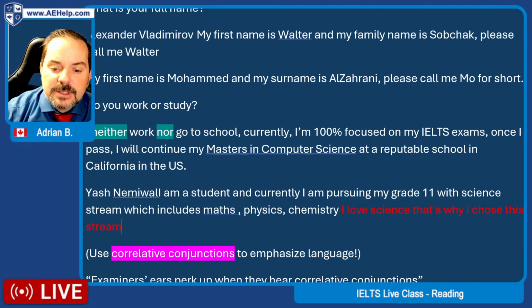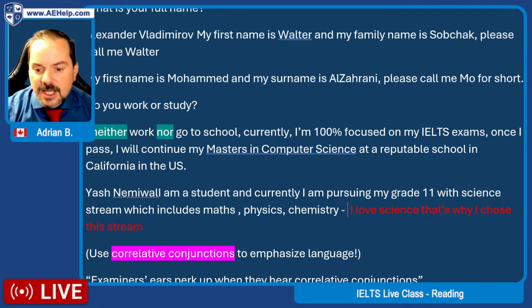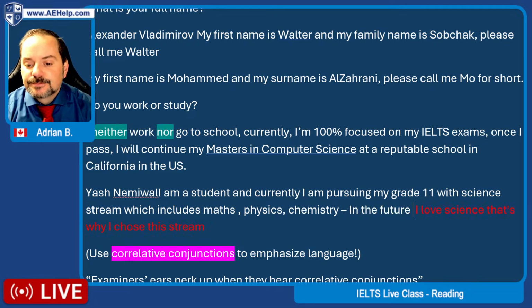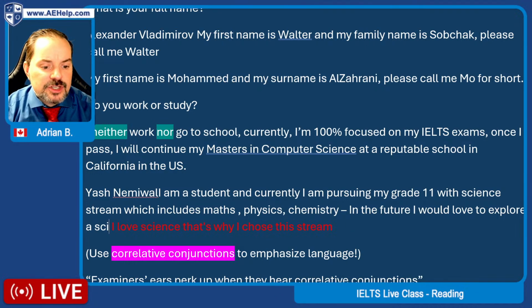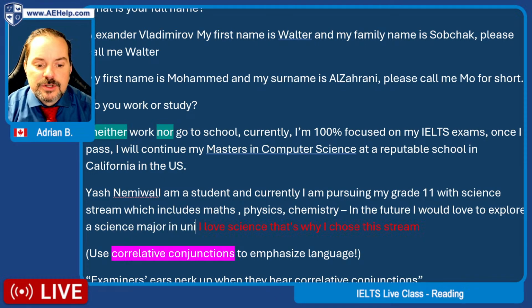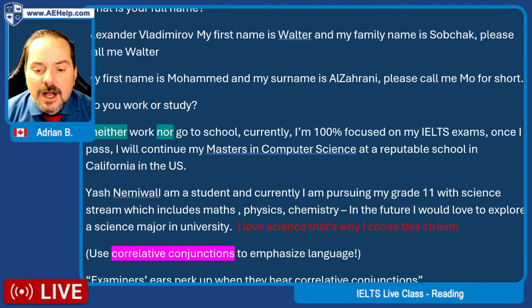Instead of I love science, that's why I chose this stream, I would probably say in the future, I would love to explore a science major in university. Okay, something like that, something a little different, because this part of I love science is kind of clear. Okay.